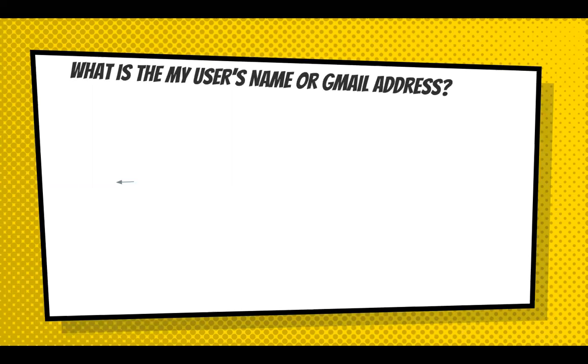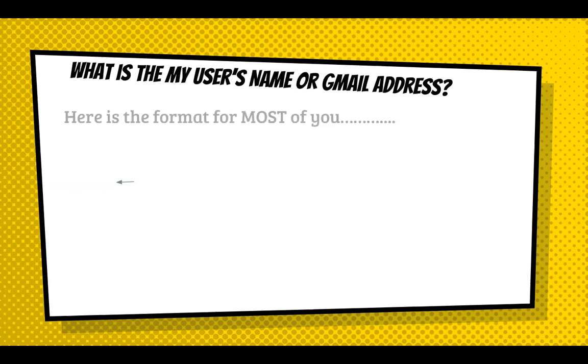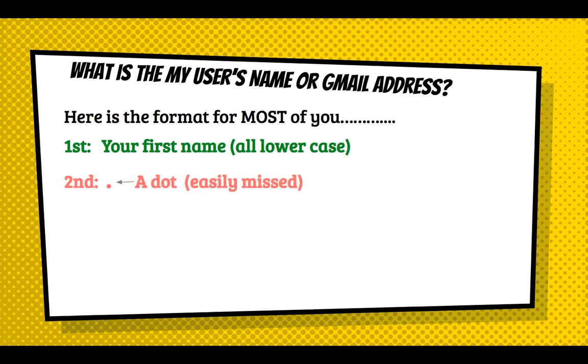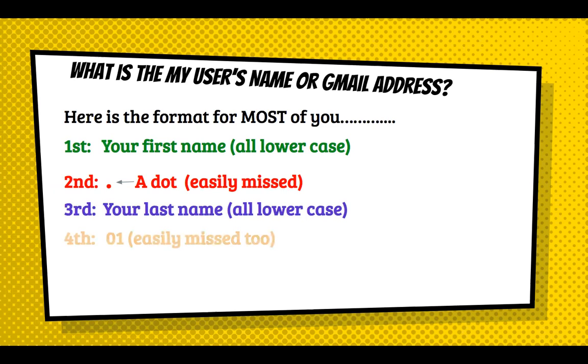So what is my username or Gmail address? So the username is basically a Gmail address. First, let me talk about the general rule for the format for most of you, because not everybody is going to follow this format. Some people have very unique formats.